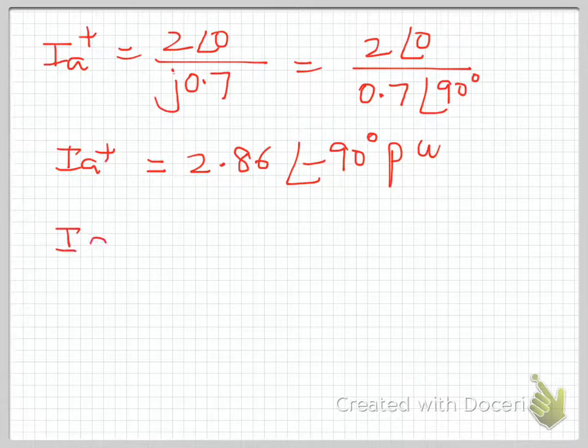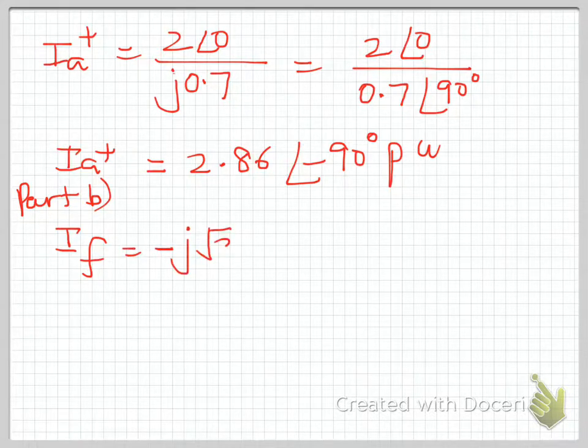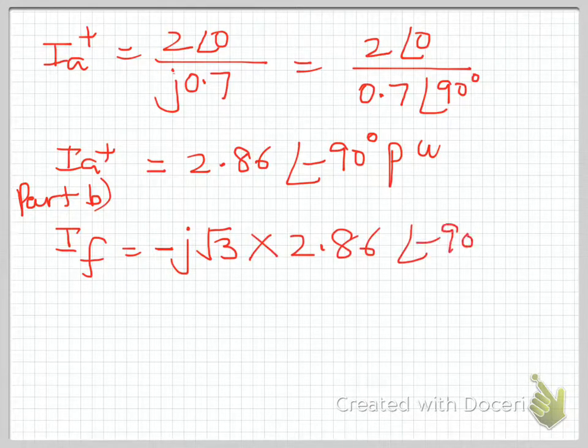And then your fault current, this is your part B, equals minus J square root of 3 times 2.86 angle minus 90 degrees.